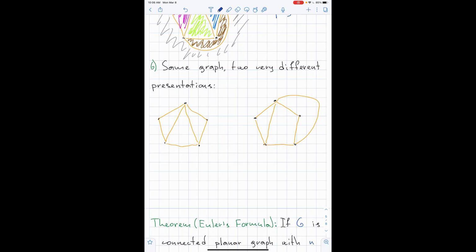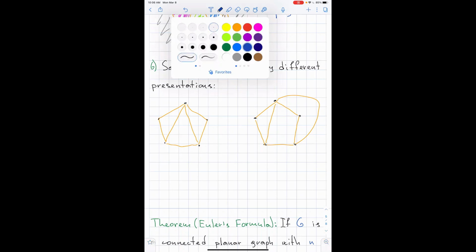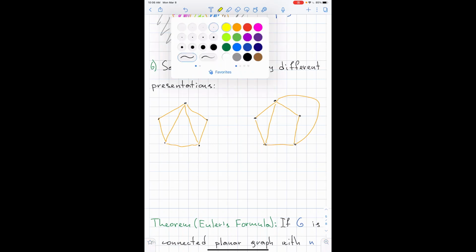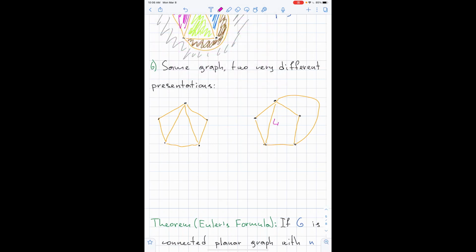So in particular here on the right, I have a region which is a 4-gon. So then we have a 4-gon, or quadrilateral, I guess. And there are no quadrilaterals on the left.